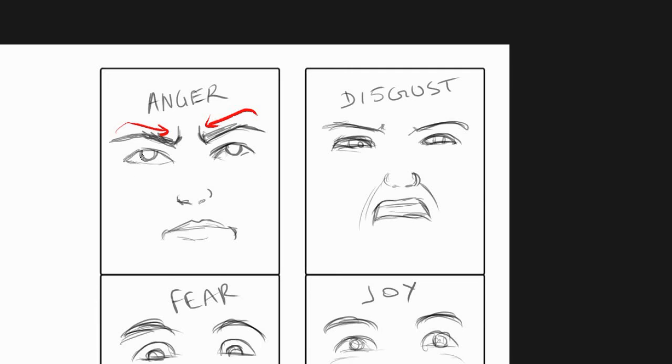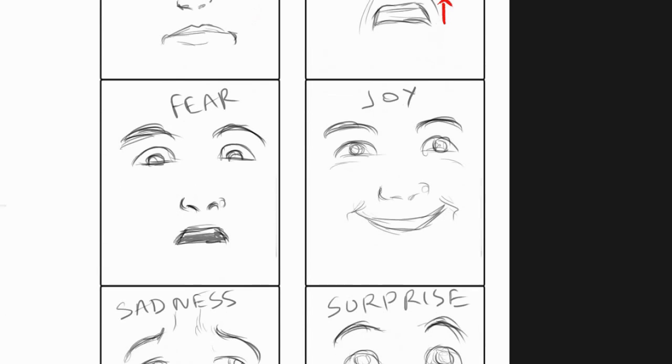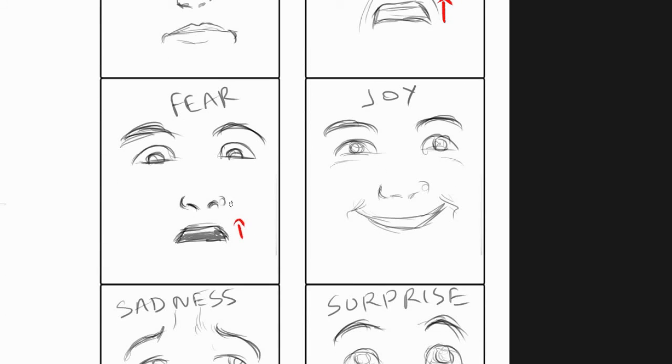And of course the pupil pressed against the upper eyelid. For disgust, it is the same: eyebrows together, the eye squinting, and the upper lip is raised, so the nose flared. I think I forgot to mention that when I drew here. For fear, the pupil is towards the lower lid and the eyebrows raised.